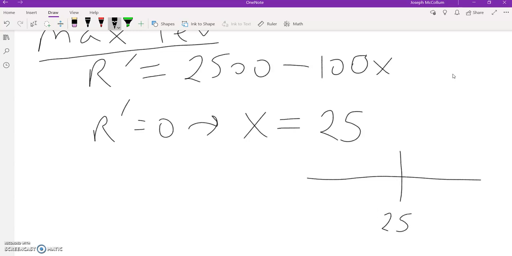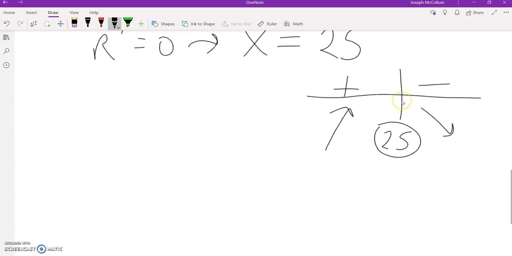We should be building a chart. We pick a number before 25, like 20, plug it into the derivative. That's clearly positive. Plug a number after 25, like 30, plug it in, and you'll see it's clearly negative. And since you go from a positive to a negative, that guarantees that that's a maximum. And since this is a maximum, we know we have our answer.